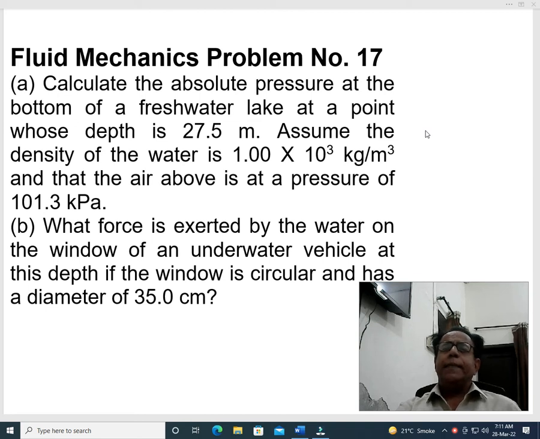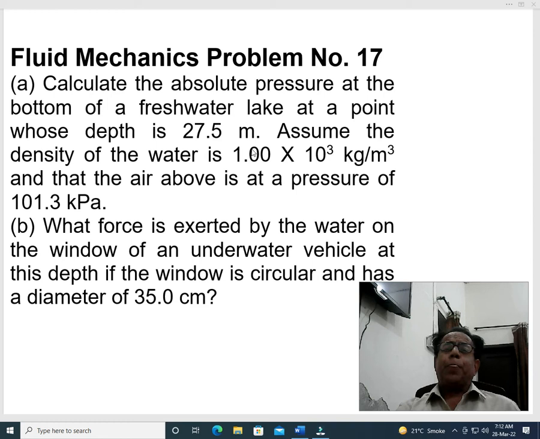Assume the density of water is 1.00 into 10 raised to the power 3 kilogram per meter cube, and that the air above is at a pressure of 101.3 kilopascal. What we have to do? We have to calculate the absolute pressure.